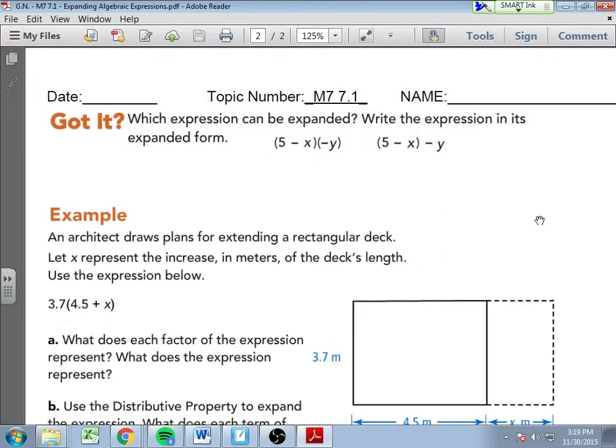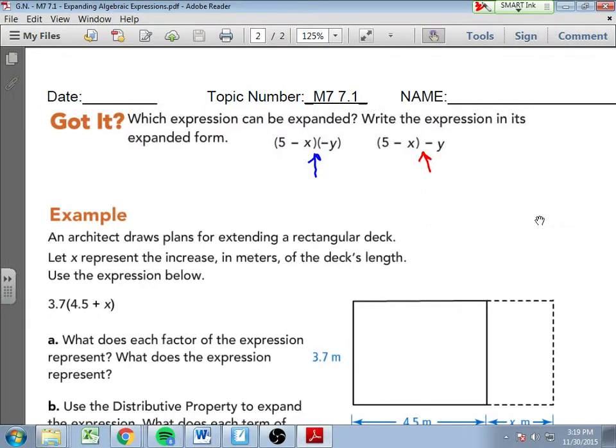So when we look at which of these can be expanded, they both look relatively the same. What's the difference between this expression and this expression? In the first expression, negative y has parentheses, and the second one it doesn't. Yeah, so I think there's something different happening here than what is happening here.